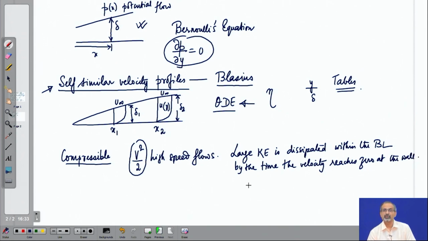Now, what happens as a consequence? There is significant rise in internal energy.